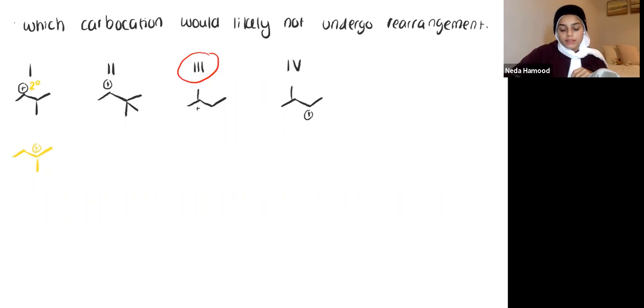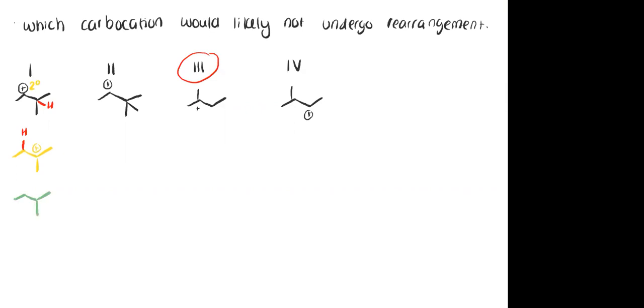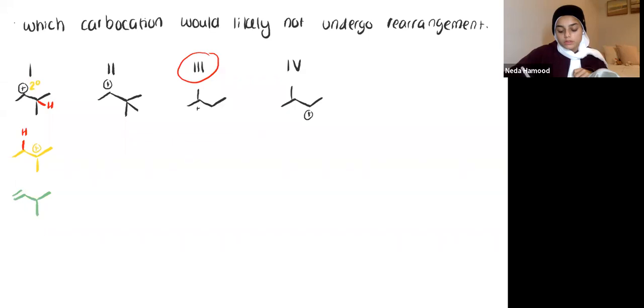So it would do a hydrogen shift. The hydrogen from here would now be over here. And then the products would now look like this. It's okay, we won't write out the products.